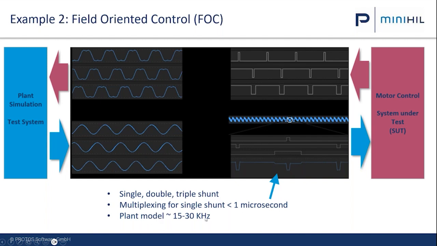A plant model usually runs again with 15 to 30 kilohertz, but the multiplexing for a single shunt needs to be way below 1 microsecond. So those signals we produce here, they are very, very fast. So we have a specialized method for that. So that's the fastest motor control usually we can control or we can simulate.